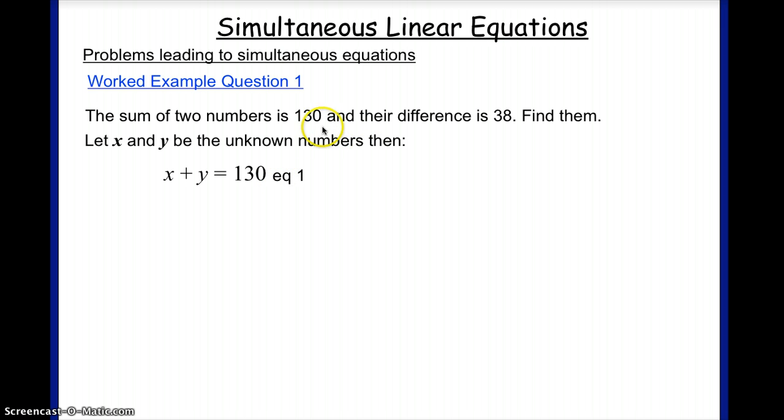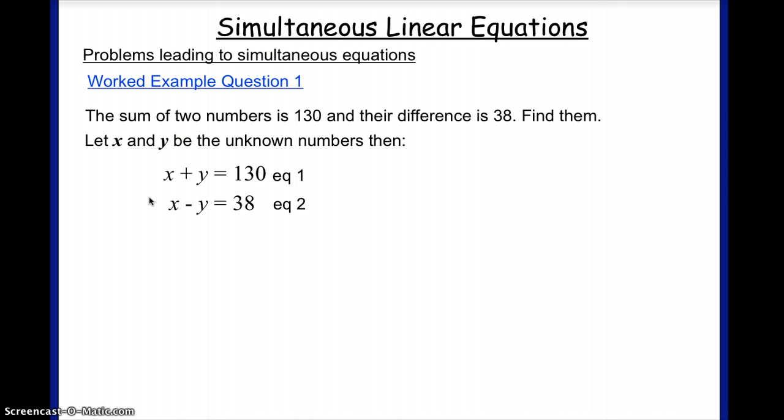For the second statement, difference, I'm guessing that you already know what to write. You have two numbers and their difference is 38. So then you will have x minus y is equal to 38, and that's your second equation.